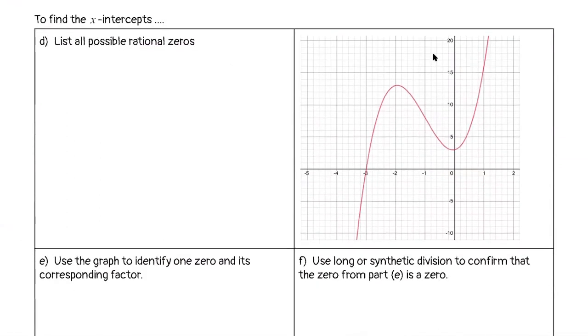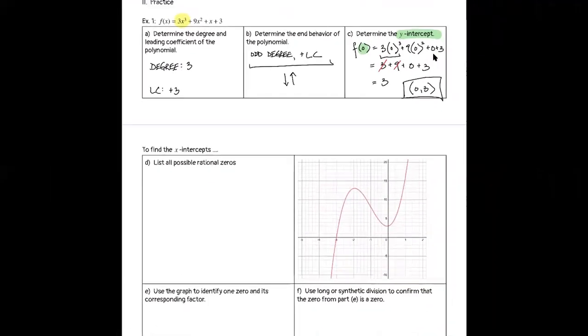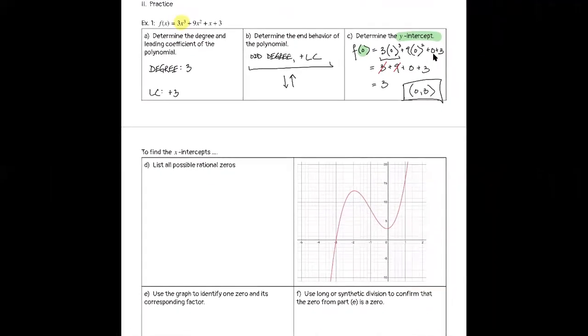Okay, so we need to list all the possible rational zeros, okay? So let's see if we can get those on one screen together. So possible rational zeros means I'm going to divide my factors of my constant divided by the factors of the leading coefficient.